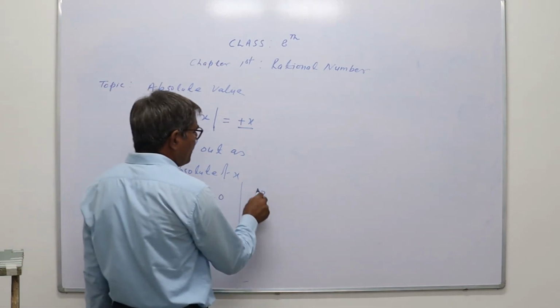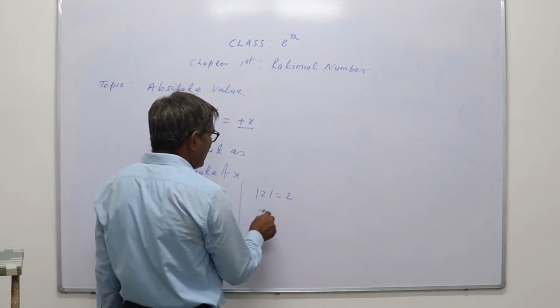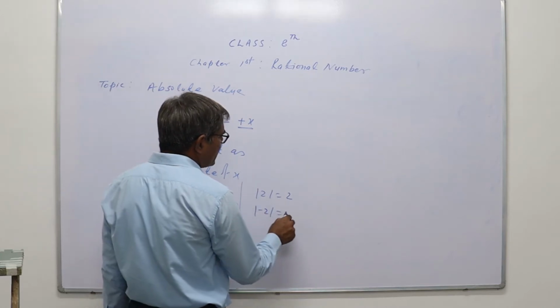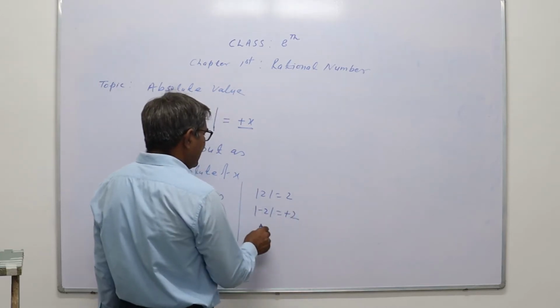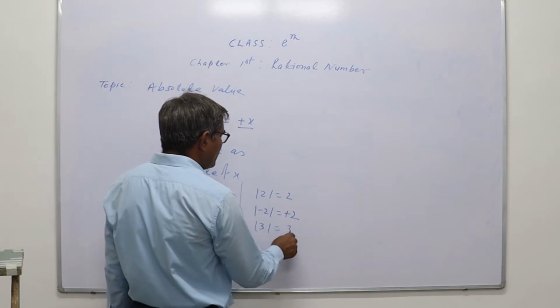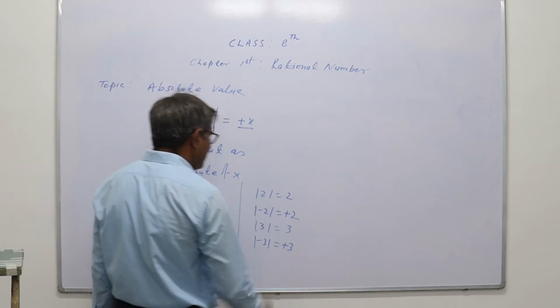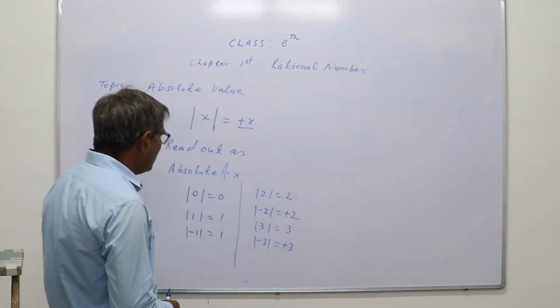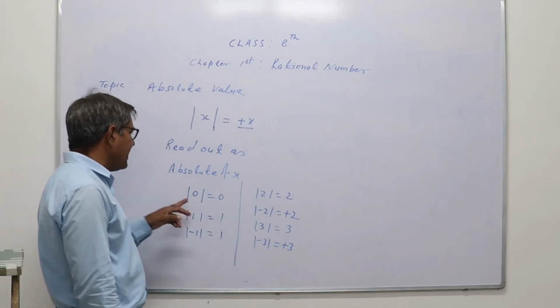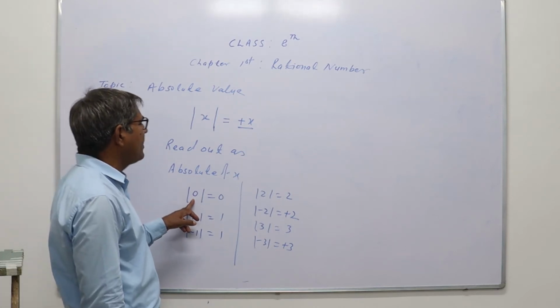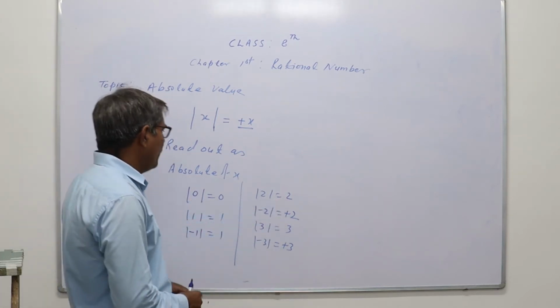Then absolute of 2 equals plus 2, and absolute of minus 2 is also plus 2. Absolute of 3 equals 3, absolute of minus 3 also equals plus 3. So the absolute value of any real number is always its positive value.